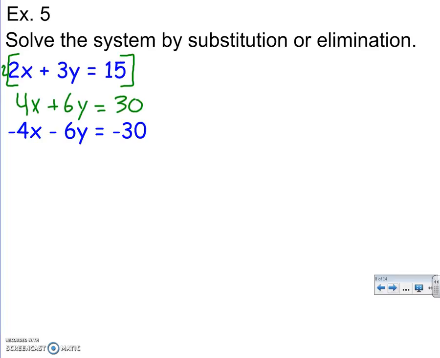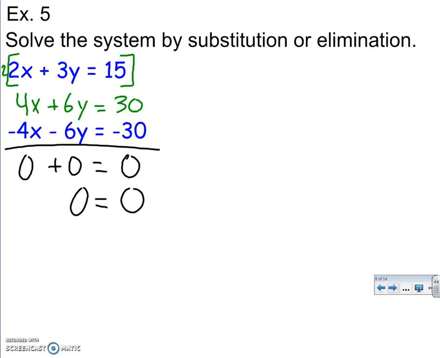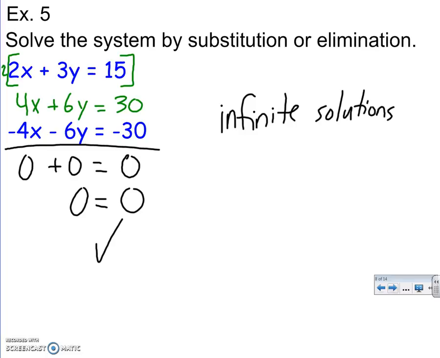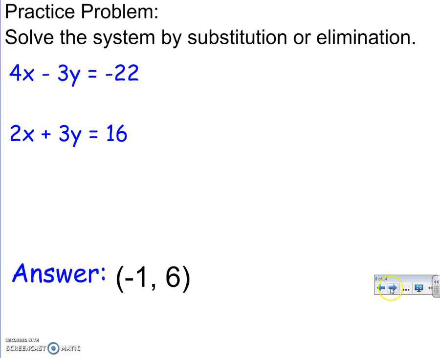If I add straight down, 4x minus 4x is 0. 6y minus 6y is also 0. 30 minus 30 is also 0. 0 equals 0. That's true. If it's true, it's going to have infinite solutions. You could say infinitely many solutions. So that would be consistent and dependent.